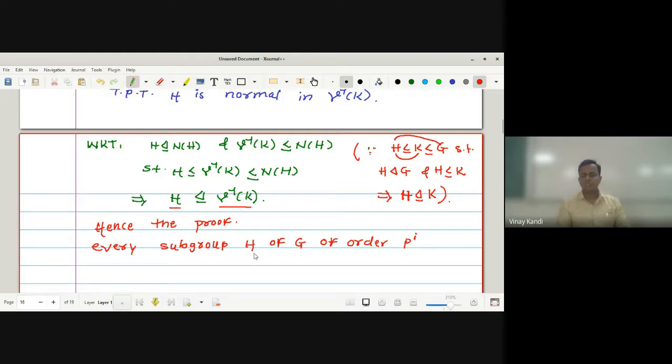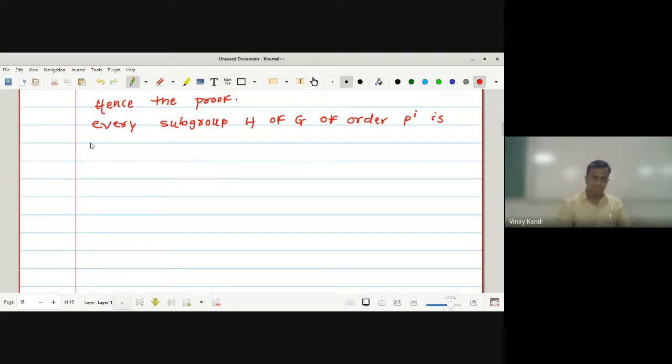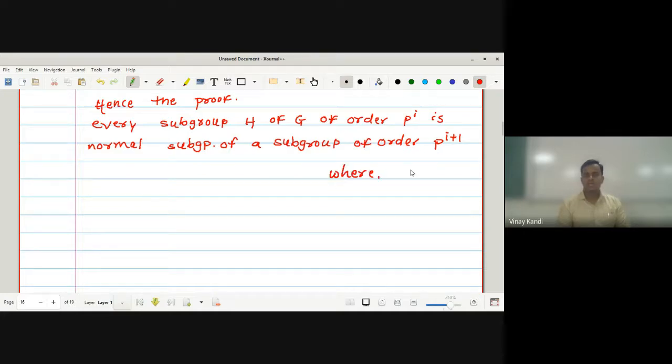Okay, so every subgroup H of G of order p raised to i is a normal subgroup of a subgroup of order p raised to i plus 1, where i runs from 1 to n minus 1.